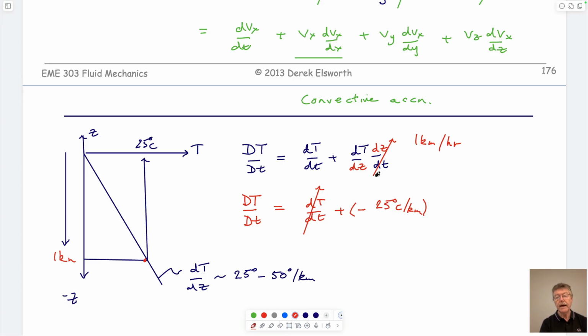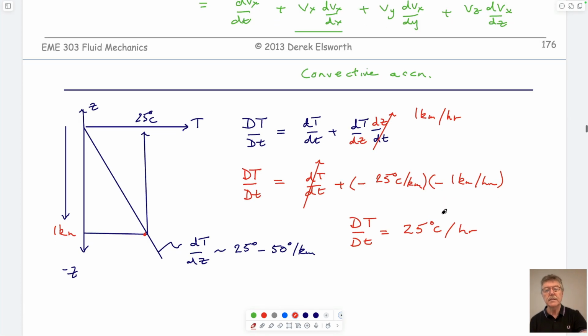And if we're going down, our velocity is going to be minus 1 kilometer per hour multiplied by that. And so the rate of change of temperature as we're going down is equal to 25 degrees centigrade per hour. Just from the product of these. That's really all it is.